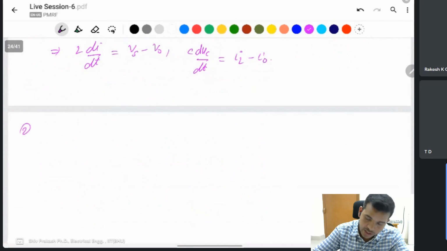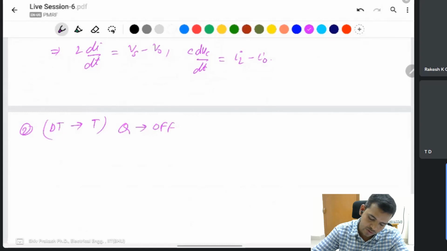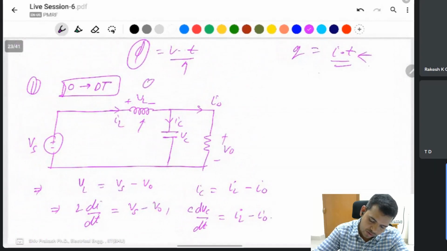Second case, when the switch is turned off, it means DT to T. Switch Q is off, whereas before switch Q was on.